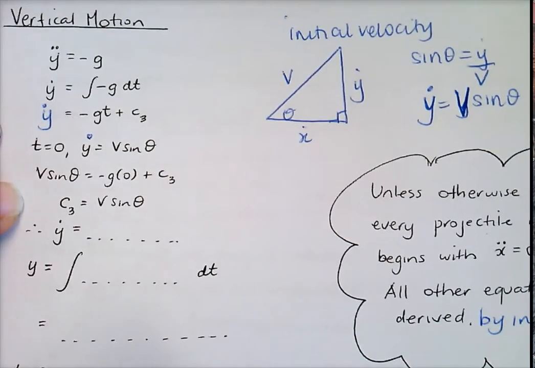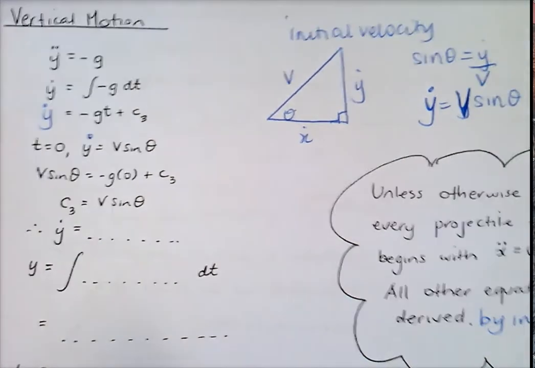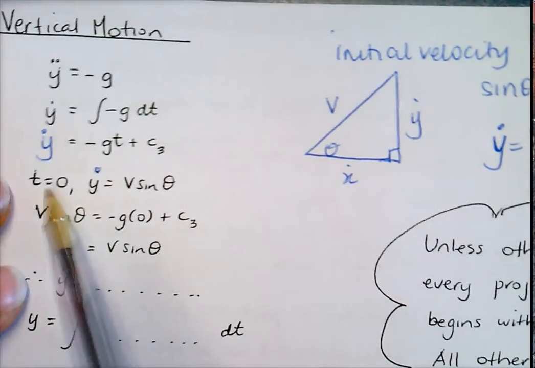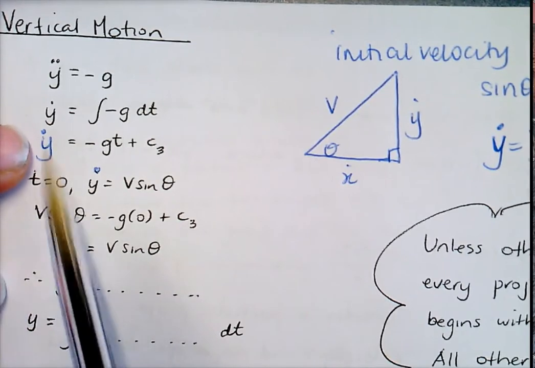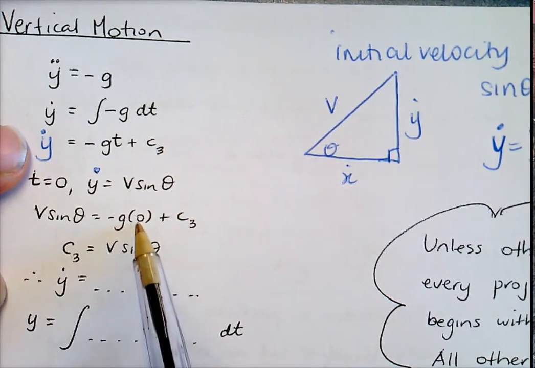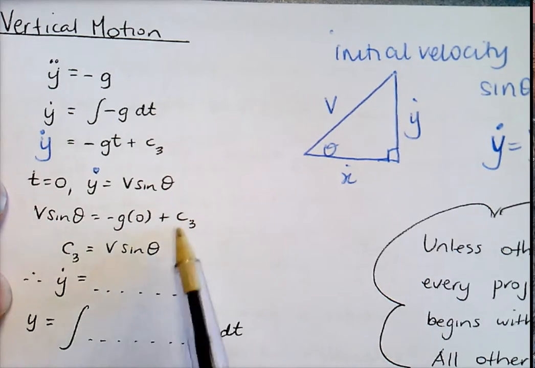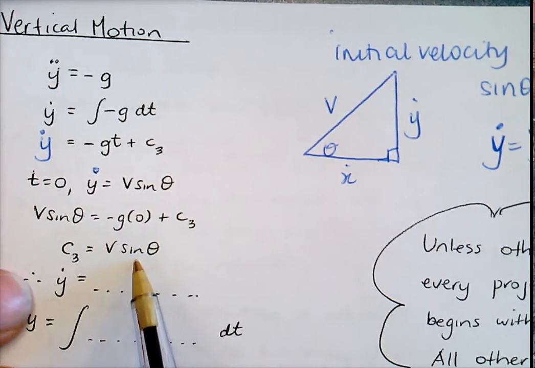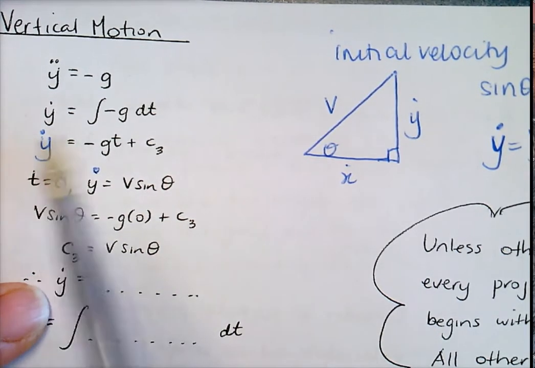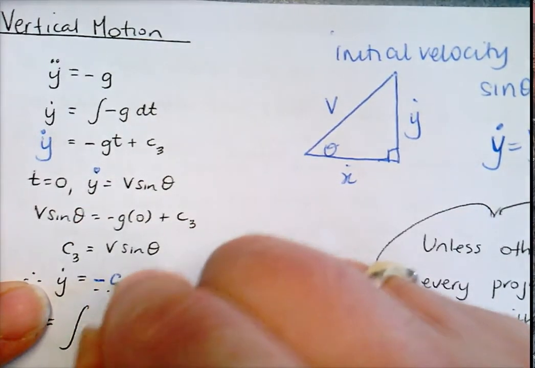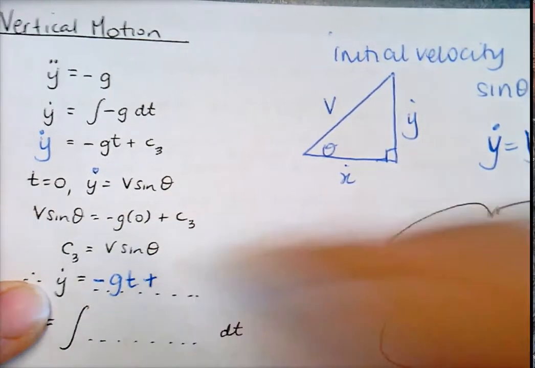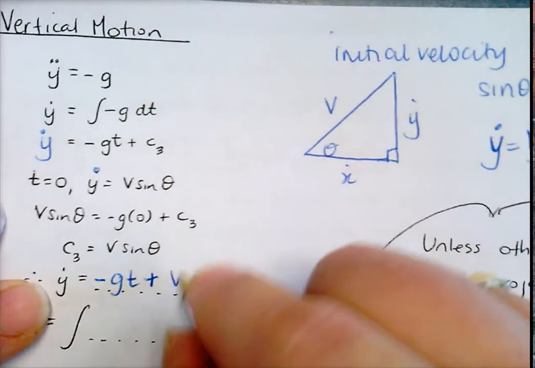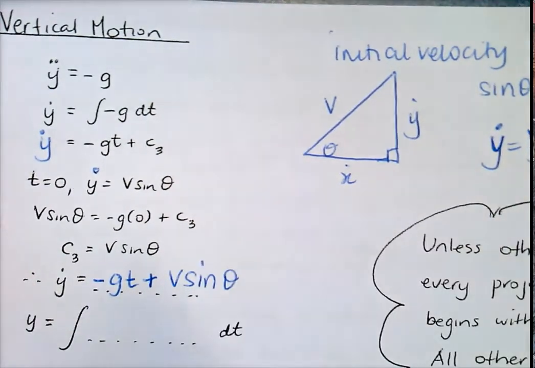Can you see that? So we put that in: y dot, v sine theta equals negative g times 0 plus c3. Therefore, c3 will just be v sine theta. So the equation for y dot is negative gt plus v sine theta.